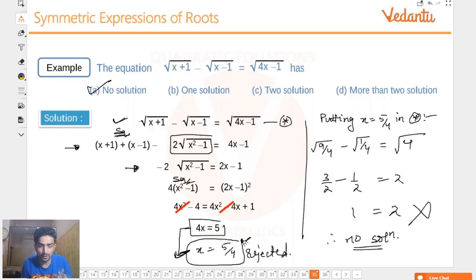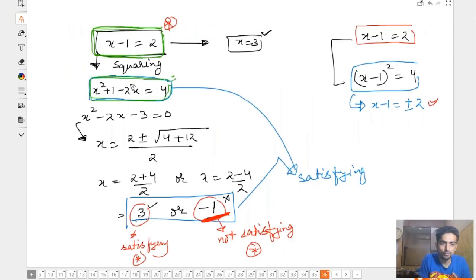I'm calling them extra solutions because they might not be the solution of the actual equation. Like here, when I squared, I got two solutions, out of which this was extra. By saying extra, I mean this is not the solution of the actual equation.